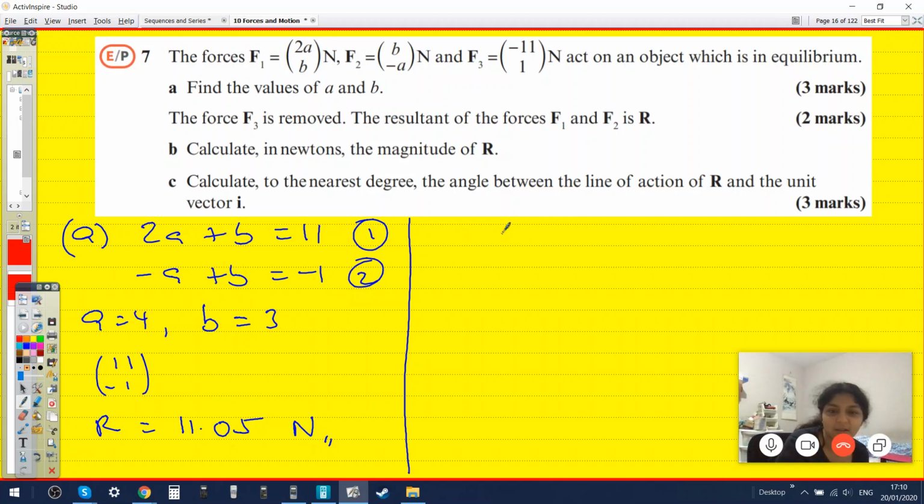Yeah, but it's the angle. It's finding out the angle, not finding the magnitude. Pythagoras is magnitude. Yeah, but part C, I meant trig, because it's finding the angle between R and I. I is the one that goes horizontally, so it's going to be this angle.